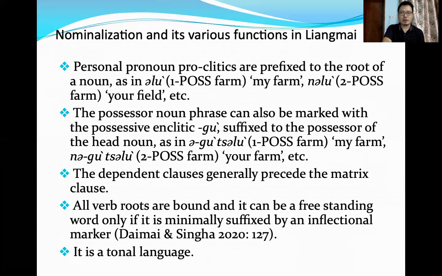The possessor noun phrase can also be marked with the possessive enclitic gu, suffixed to the possessor of the head noun, as in agu, chelu. First person marker, we have possessive or genitive marker, and then farm, my farm. And similarly, we have nagu, chelu, which is your farm.